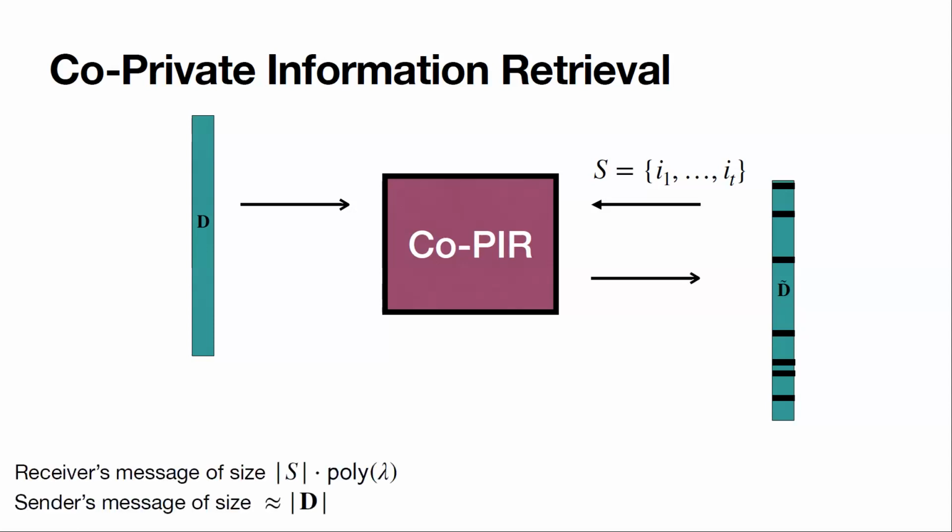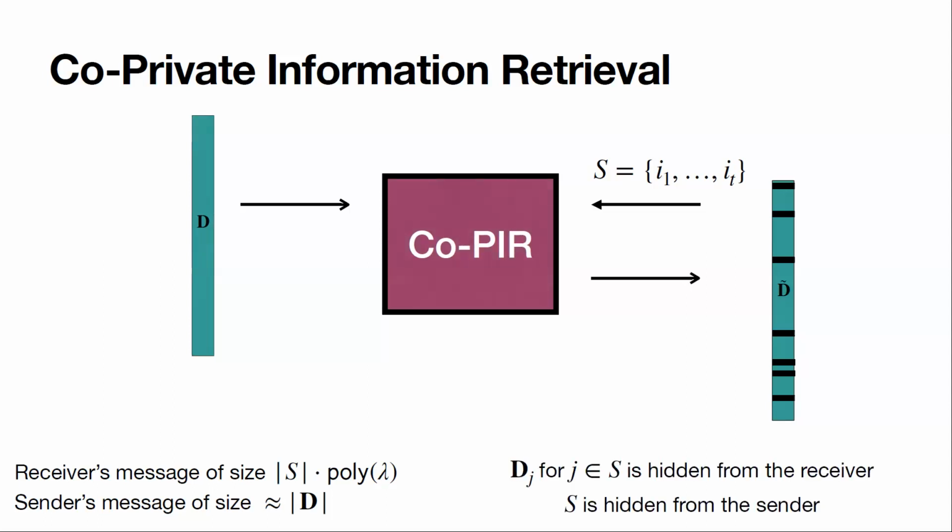In terms of efficiency for our purposes, we want a two-round scheme where the receiver's message is of size independent of the database of the sender. And we want the sender's message to have size very close to the size of the database. So we want the sender's message to be very small.